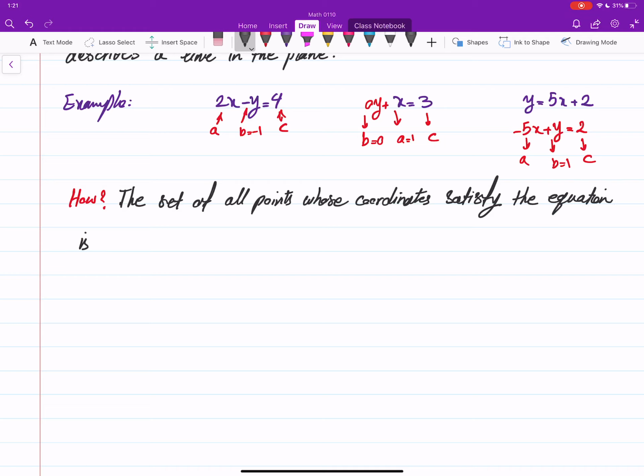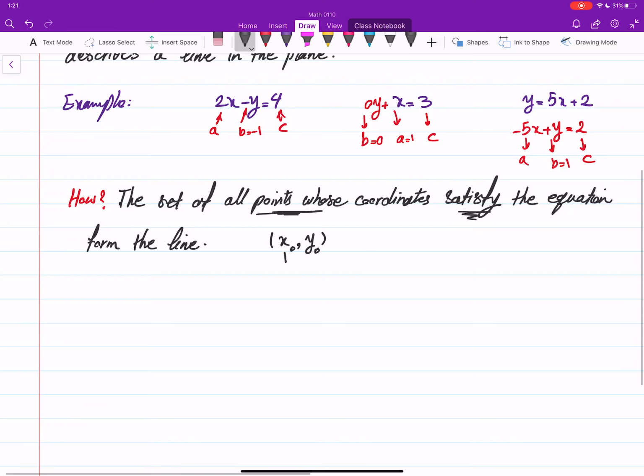Let me tell you a little bit more about this wording. Every point has two coordinates: the x coordinate and the y coordinate. What does it mean to satisfy the equation?